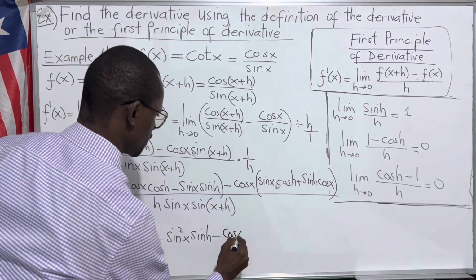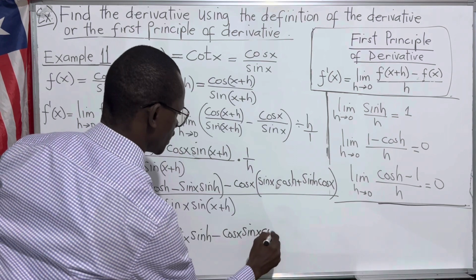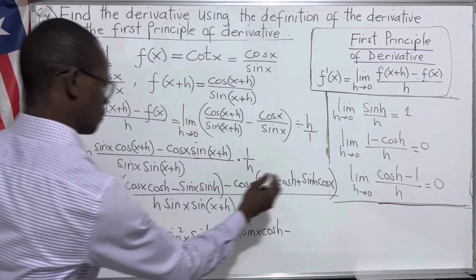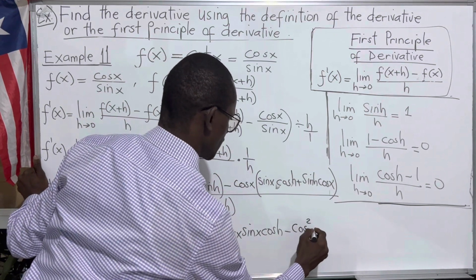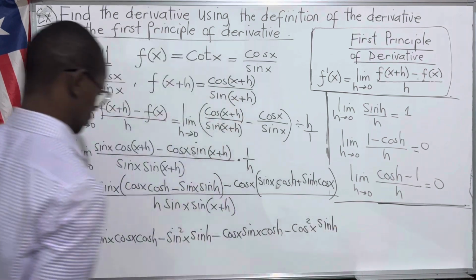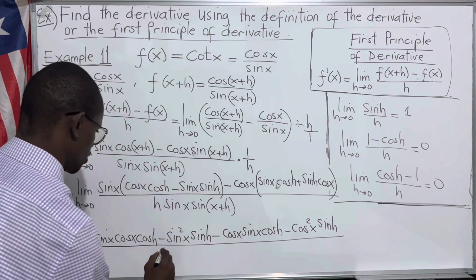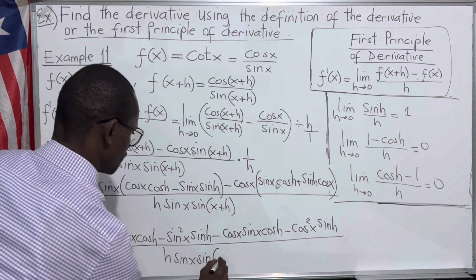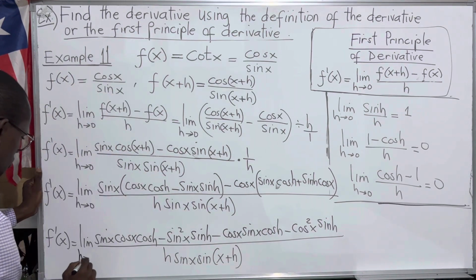We have cos of h cos of x sine of x, and then minus cos square x sine of h, all divided by h sine of x sine of x plus h, as h approaches 0.